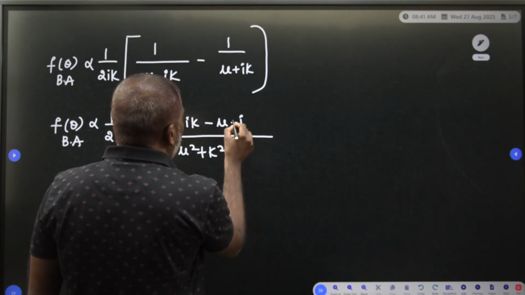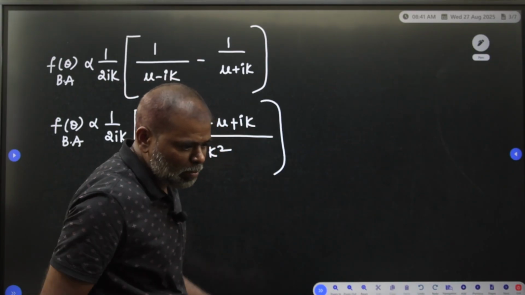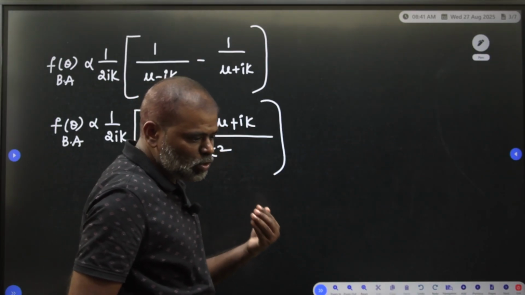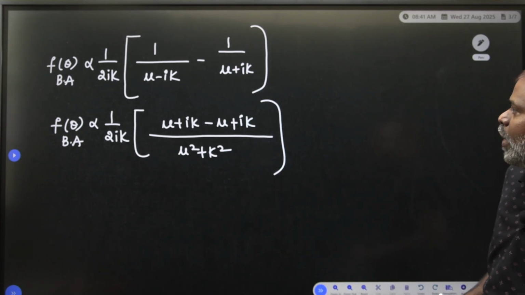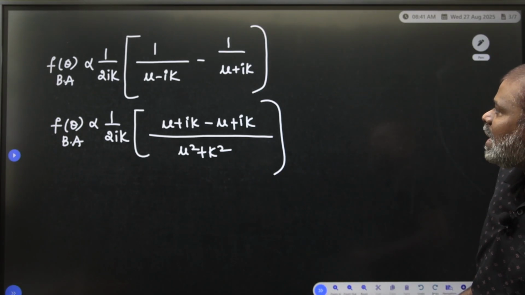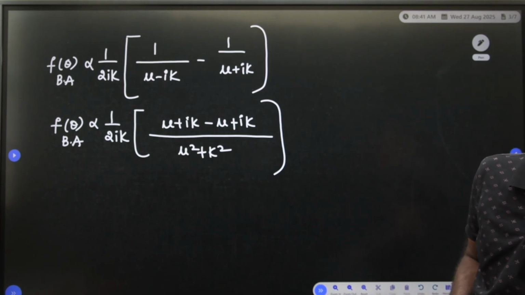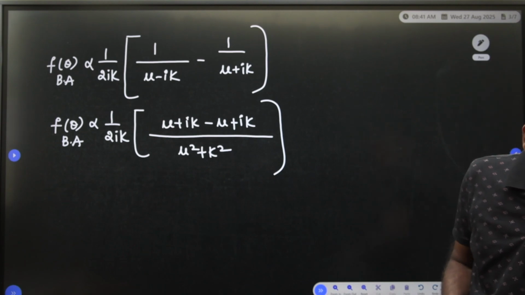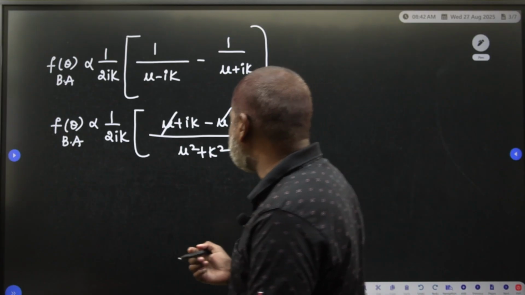So minus mu plus ik, you are going to take mu plus ik, so mu minus mu plus ik minus mu plus ik you are going to get.